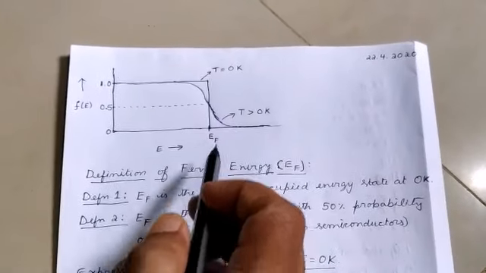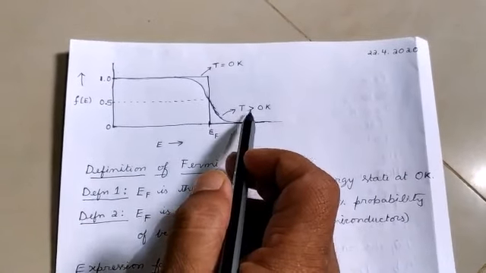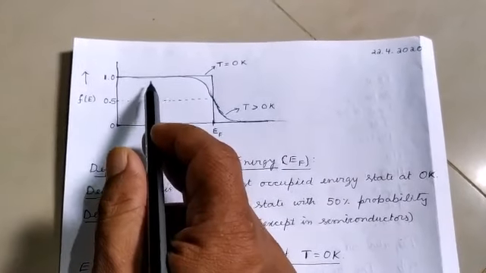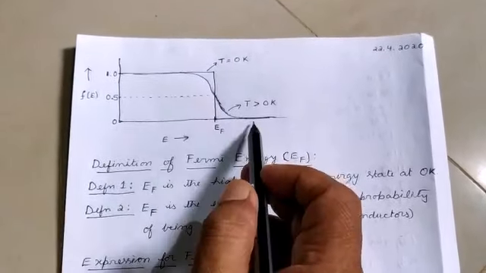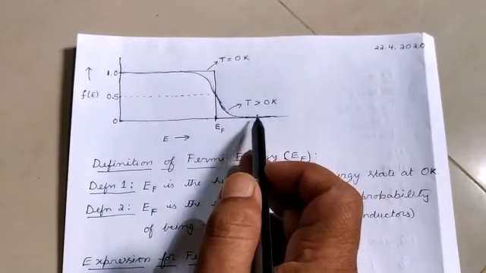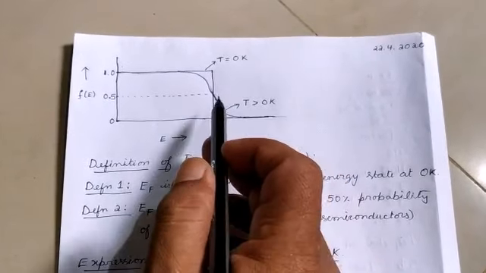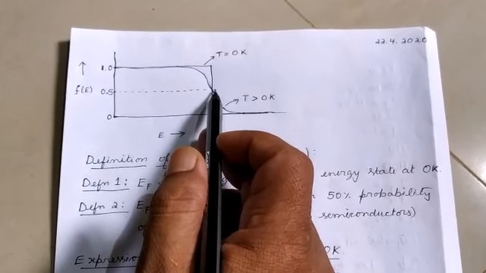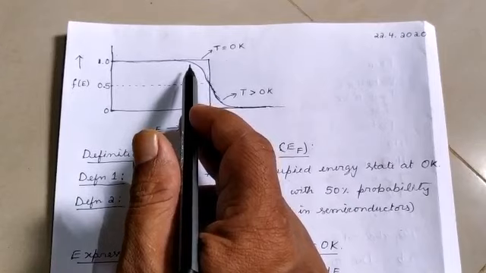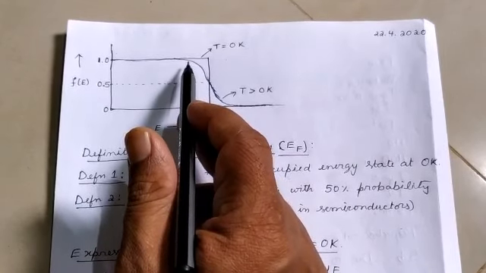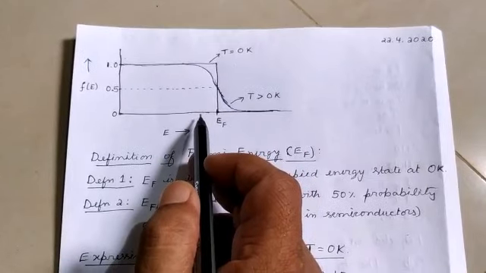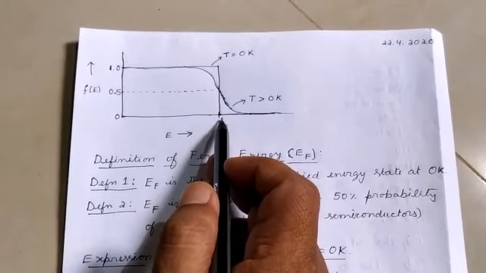Suppose now the temperature is greater than 0 Kelvin. We see that for energy levels very much below the Fermi level, the probability is 1, and for energy levels very much above the Fermi level, the probability is 0. It becomes 0.5 at the energy level equal to the Fermi level. The probability gradually decreases from 1 to 0.5 as we come from energy levels below the Fermi level towards the Fermi level.